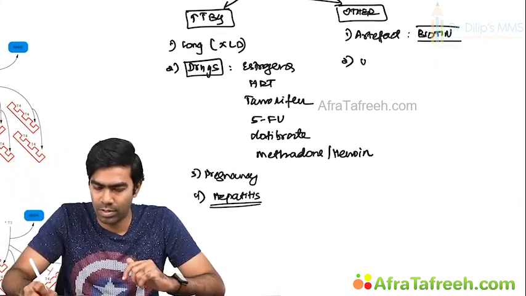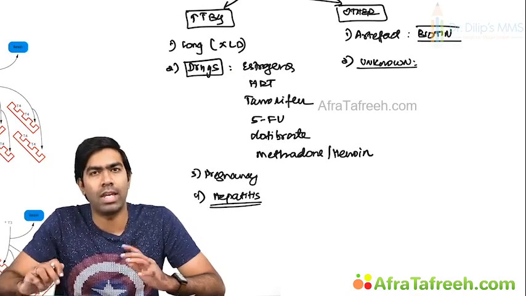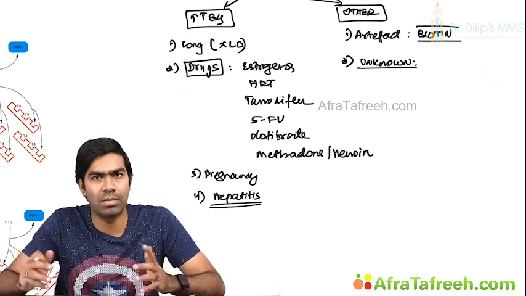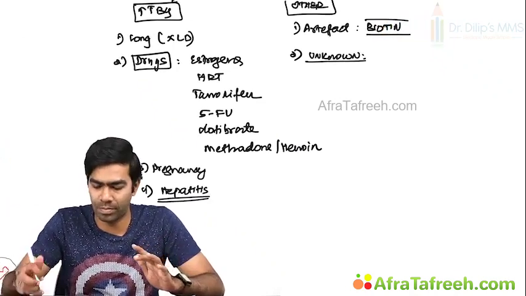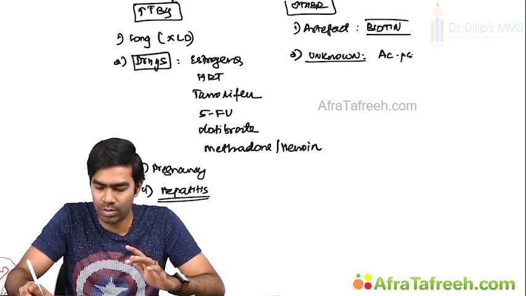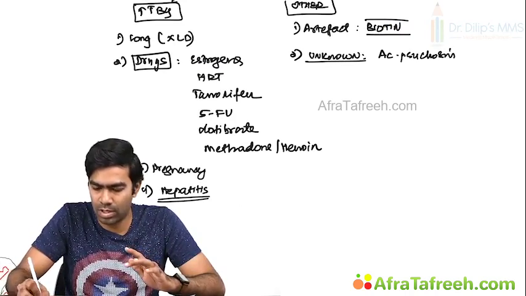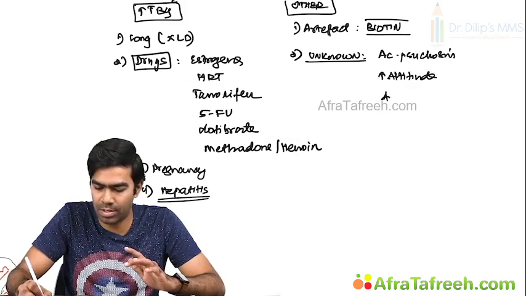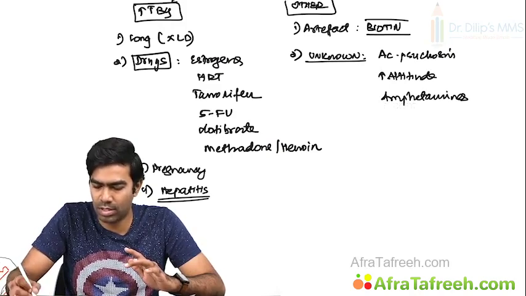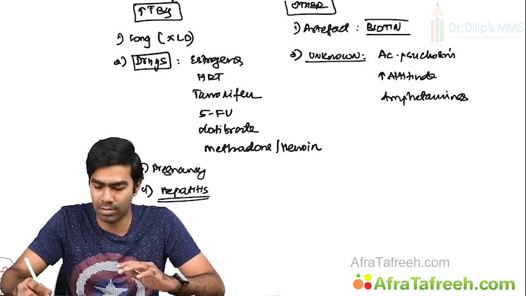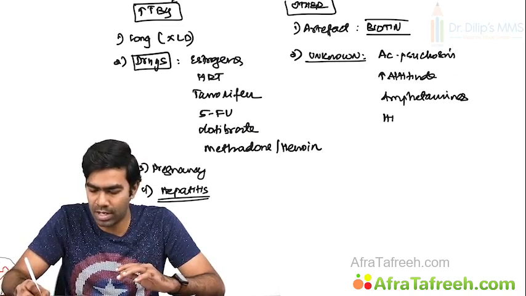Number 2, things that increase the total T4 by unknown mechanism. We don't know how. First one, acute psychosis. Second one, high altitude. Third, amphetamines. We don't know the mechanism, how they increase the total T4. And symptomatic hyponatremia.